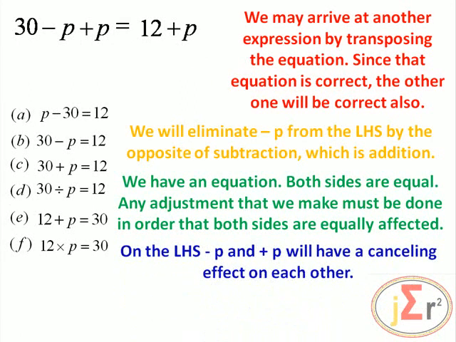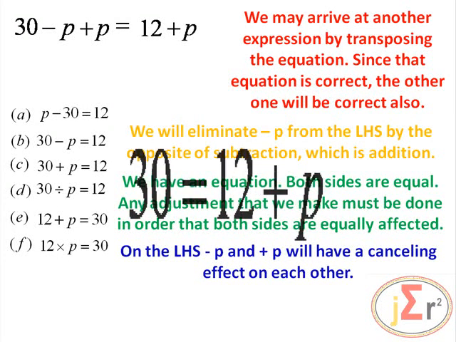So on the left hand side, negative p and positive p, the subtraction of p and the addition of p, will have a cancelling effect on each other. Because they will have a cancelling effect on each other, p will be eliminated from that left hand side.